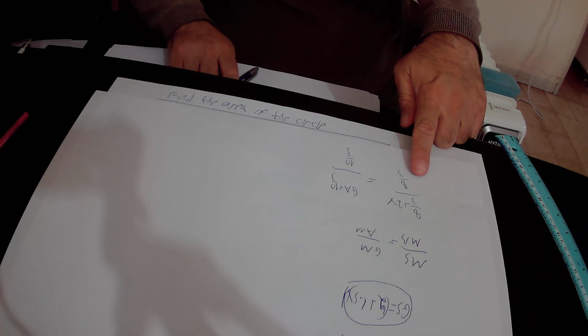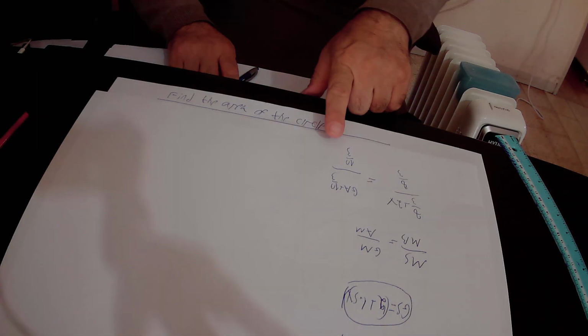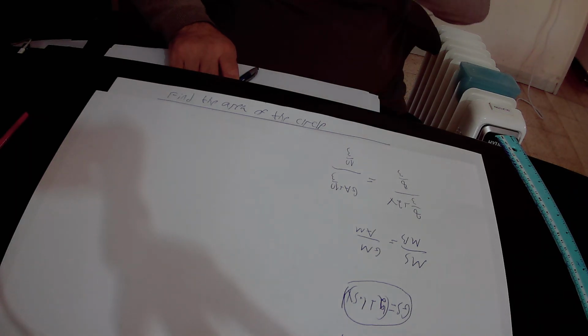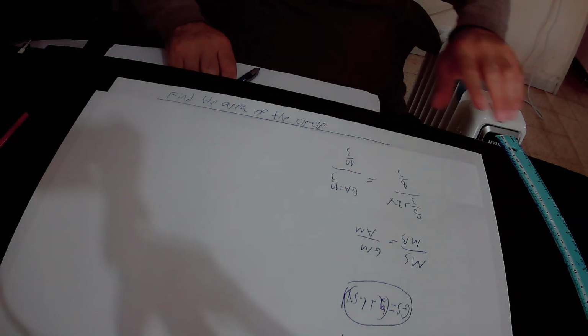So here we multiply 2x by 3 and then we divide it by 3, and here also we multiply GA by 3 and then we divide it by 3.